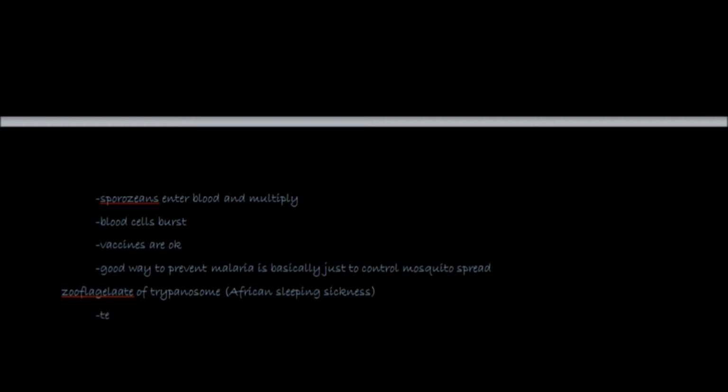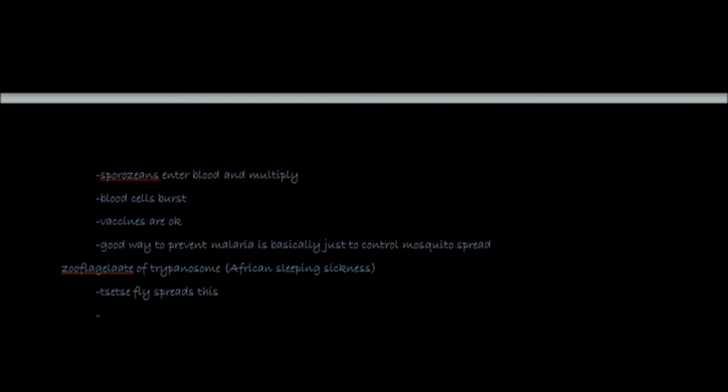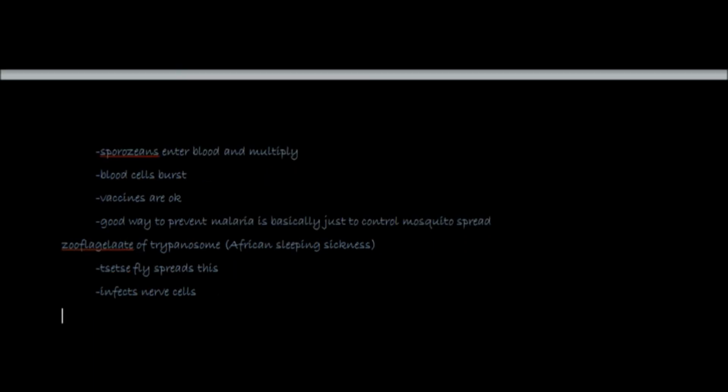And the tsetse fly, not sure how you pronounce that, spreads this. It infects nerve cells, and if the nerve cells are gone, you can't really move or work or detect anything, and coma can occur in severe cases.